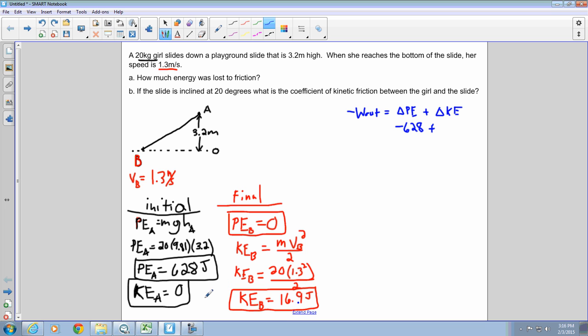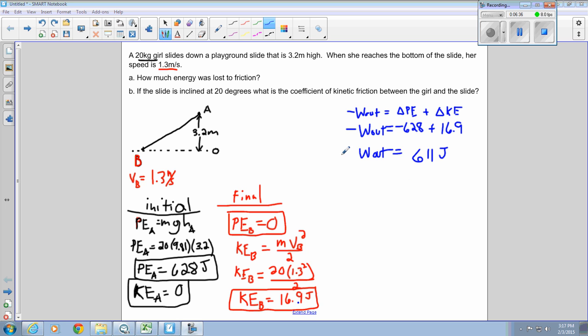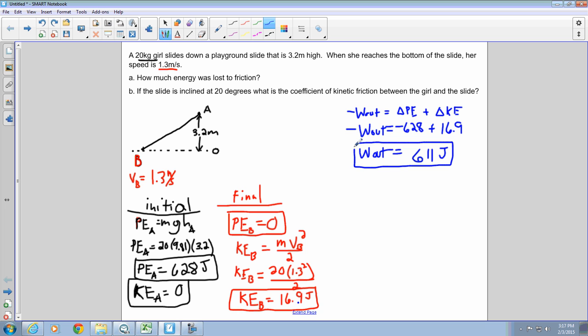Final minus initial, 16.9 minus 0, that's 16.9, and that's going to be equal to our work out. And our work out equals 611 joules. So that's our answer to A. The energy lost to friction was 611 joules.